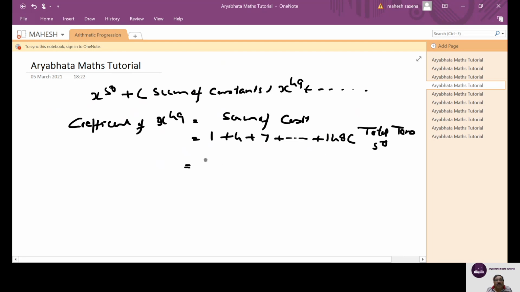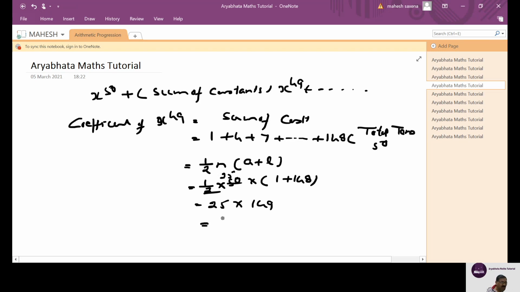This is equal to 1 by 2 n times the first term plus the last term. Here n is 50, the first term is 1, the last term is 148. That is equal to 25 multiplied by 149. Therefore, it is 3725. Therefore, the coefficient of x to the power 49 in this product is 3725.